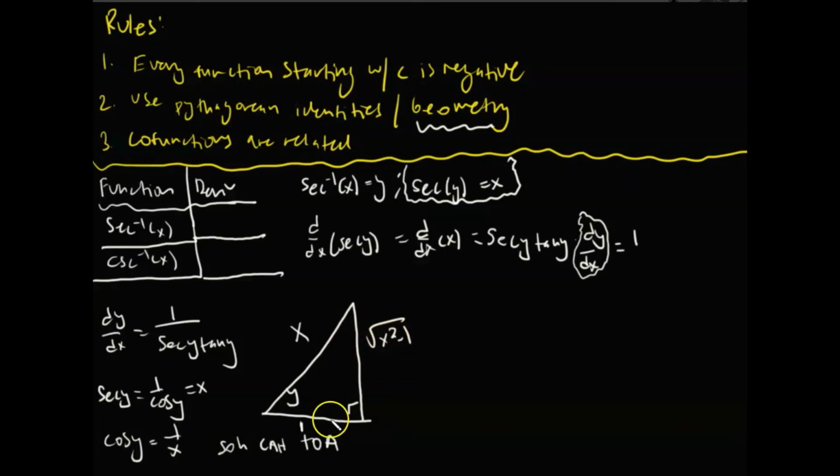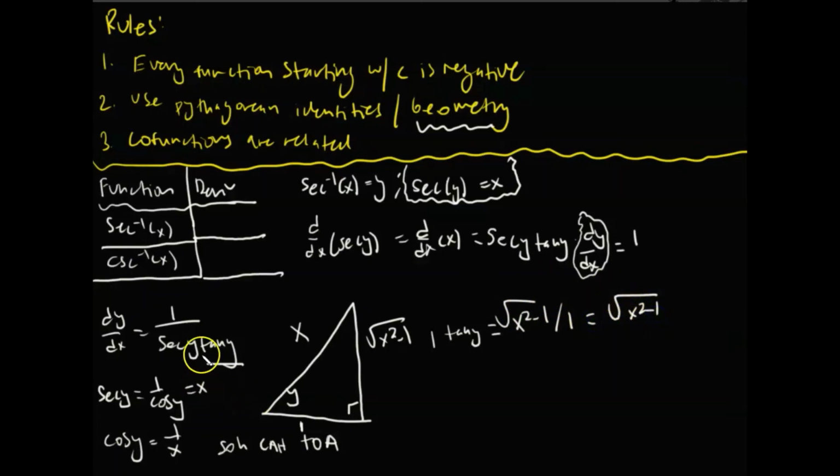And now that we have all sides of the triangle, we can actually find tangent y, right? Opposite over adjacent. So tangent y equals opposite, square root of x squared minus 1 over 1, which is just the square root of x squared minus 1.